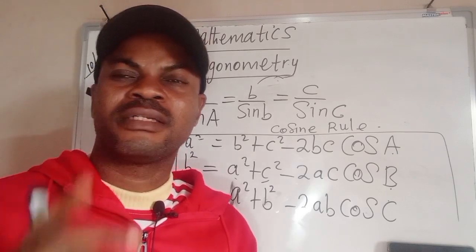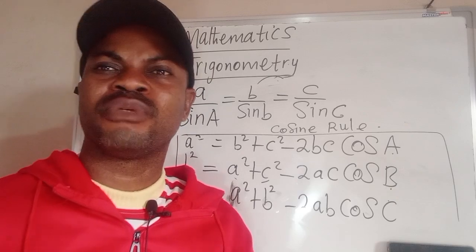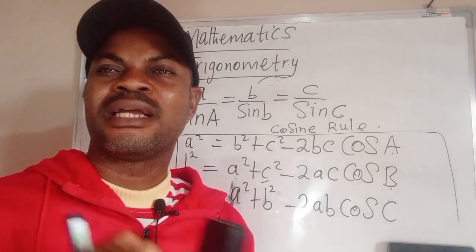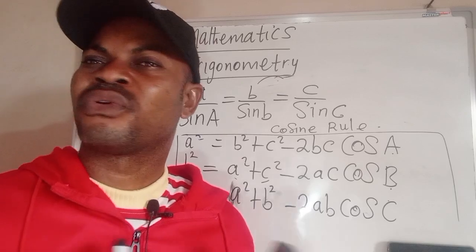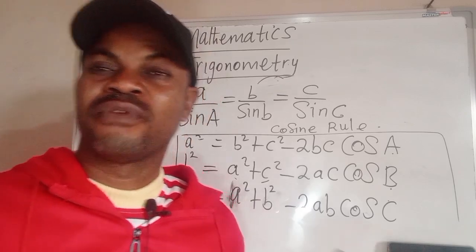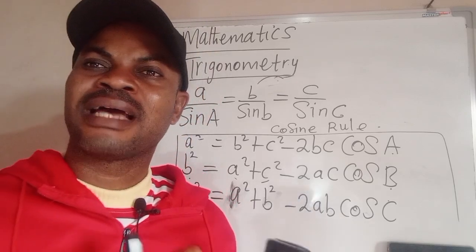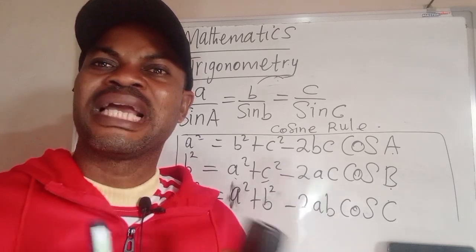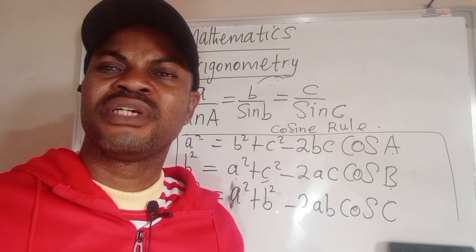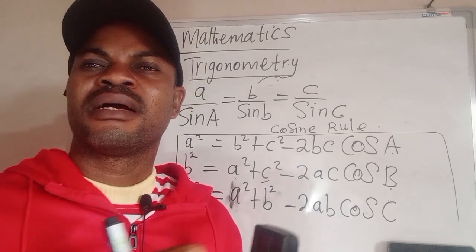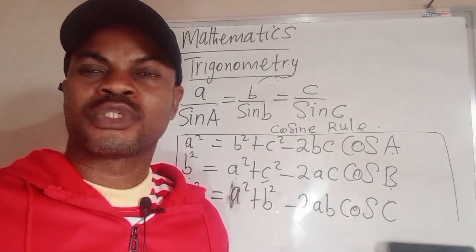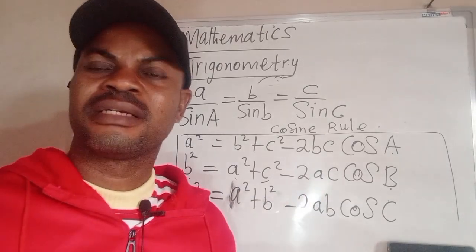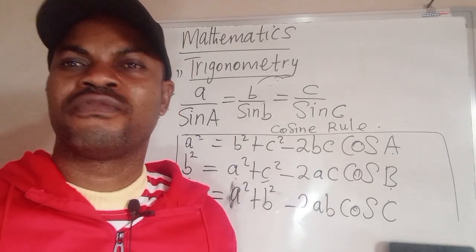These two formulas, the sine rule and the cosine rule, can be used to resolve acute and obtuse triangles and not right angle triangles. But reminder, all challenges related to right angle triangles can be resolved using Pythagoras theorem. The square of the longest side equals the square of the adjacent and the square of the opposite.